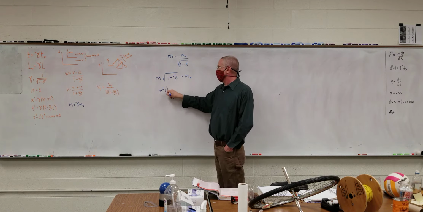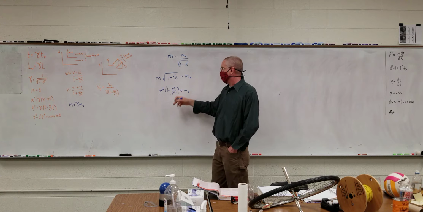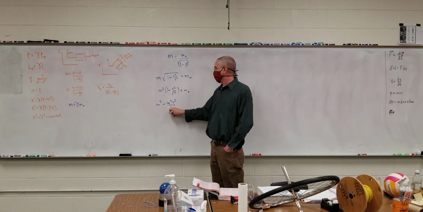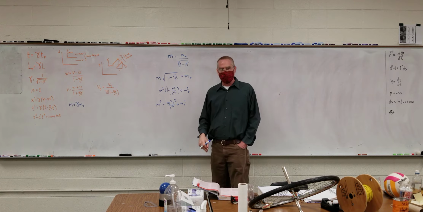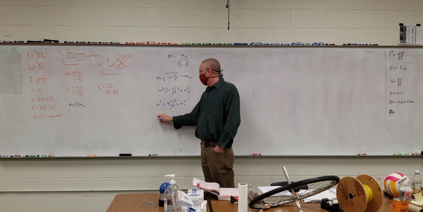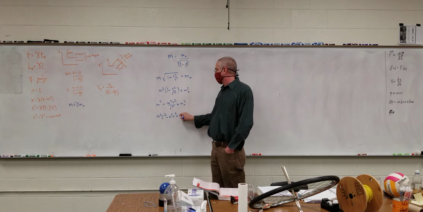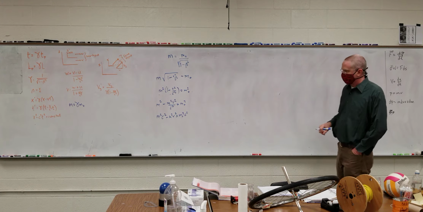M squared times 1 minus v squared over c squared equals m sub naught squared. Distribute: m squared minus m squared v squared over c squared is equal to m sub naught squared. Multiply everything by c squared to get rid of my fractions, because I don't like fractions. M squared c squared minus m squared v squared is equal to m sub naught squared c squared. And from there, it's just obvious it equals mc squared.